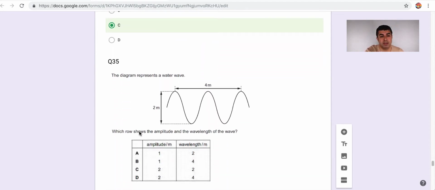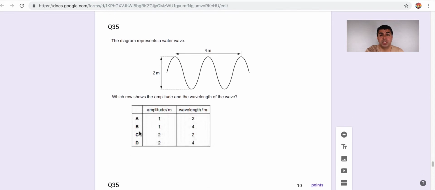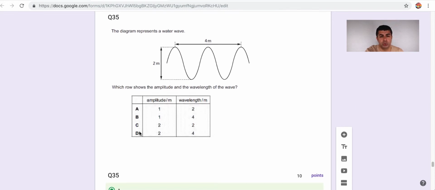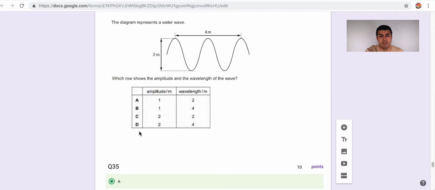Question 35. The diagram represents a water wave. Which row shows the amplitude and the wavelength of the wave? Now, amplitude is the maximum displacement from the rest position, in other words, from the middle to the top or from the middle to the bottom. So the amplitude here is 2.